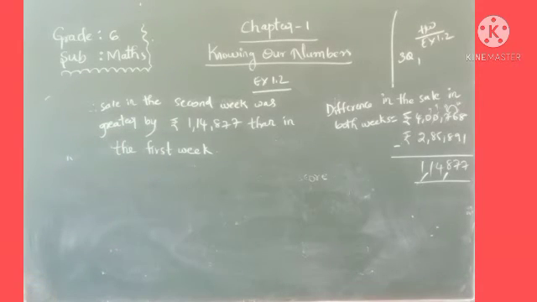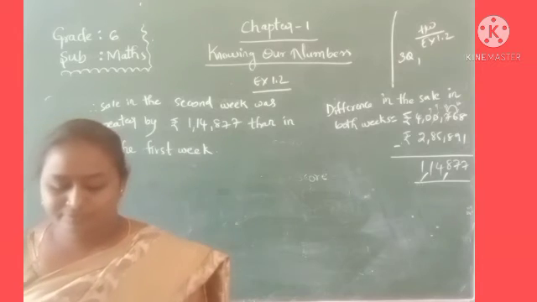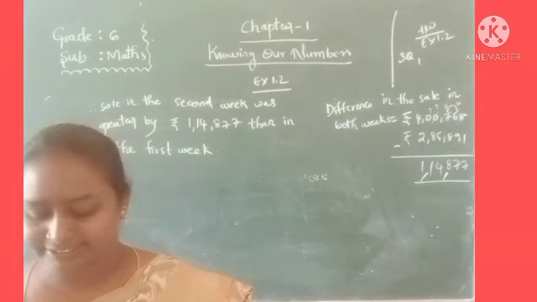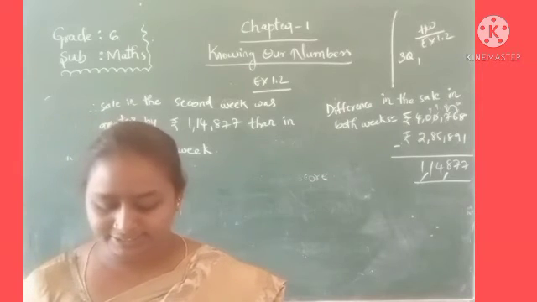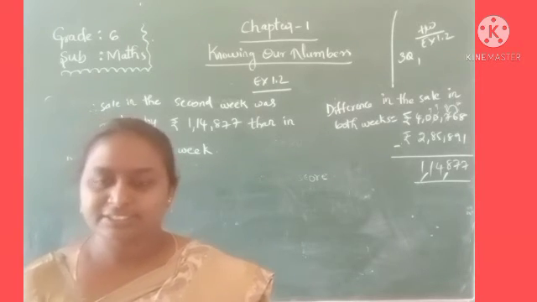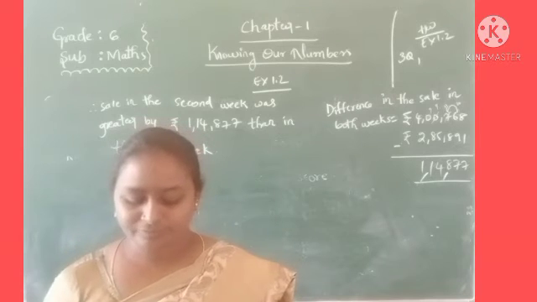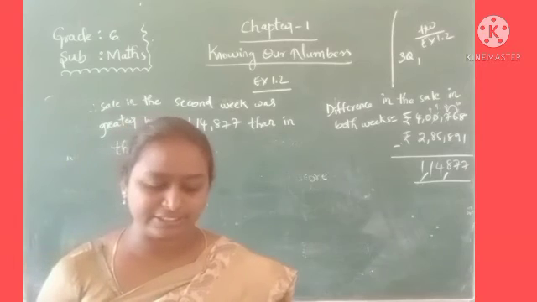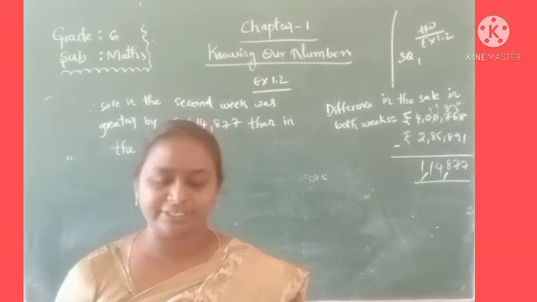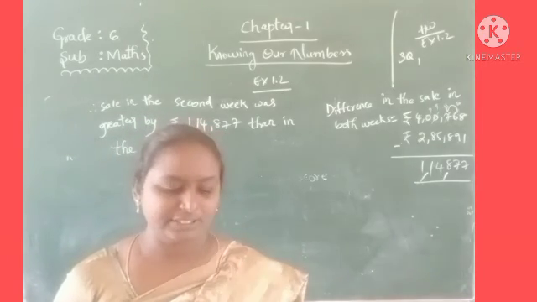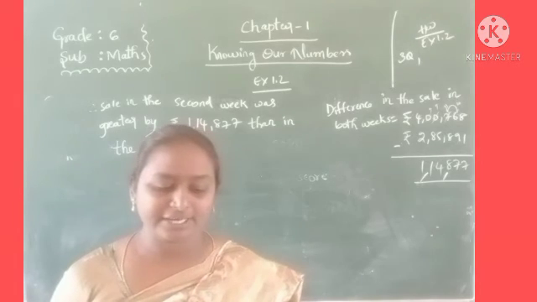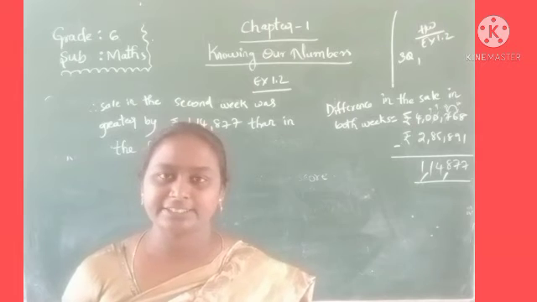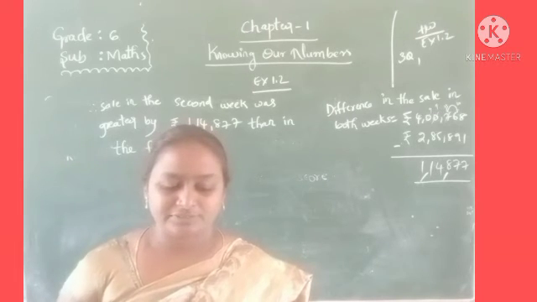So what is the fifth question? Find the difference between the greatest and the least 5-digit number that can be written using the digits 6, 2, 7, 4, 3, each only once. Find the difference between the greatest and the least 5-digit number that can be written using the 5 digits.